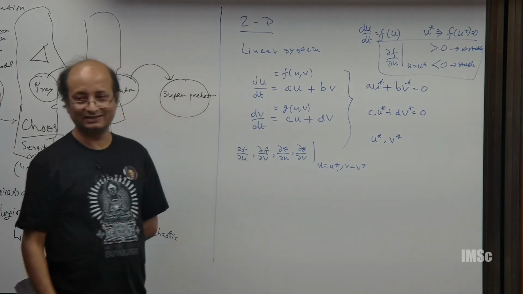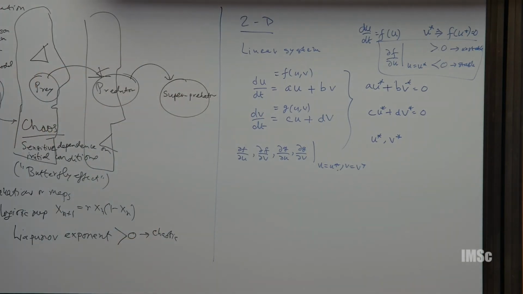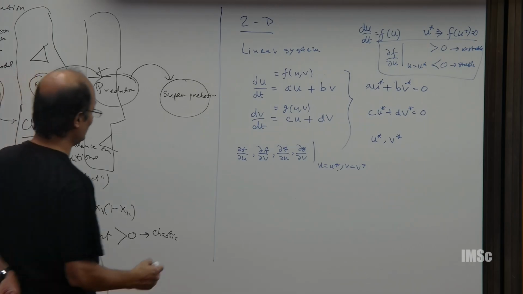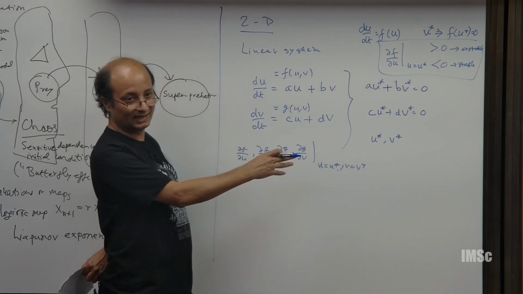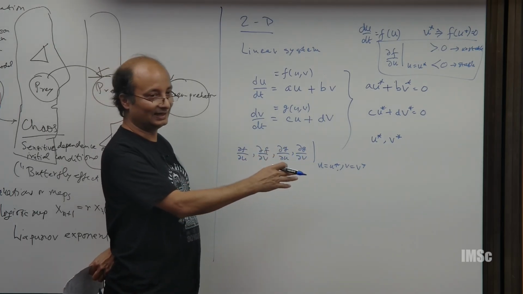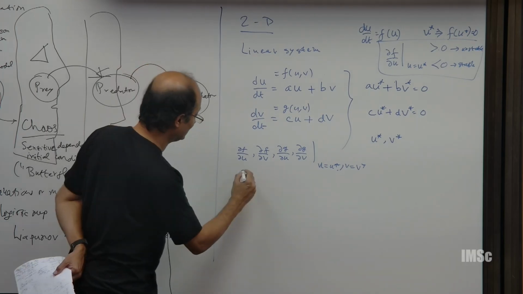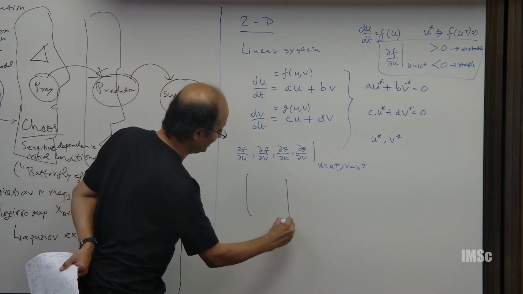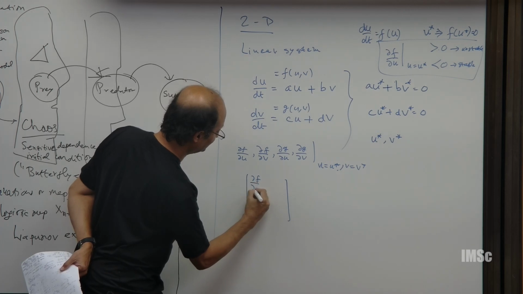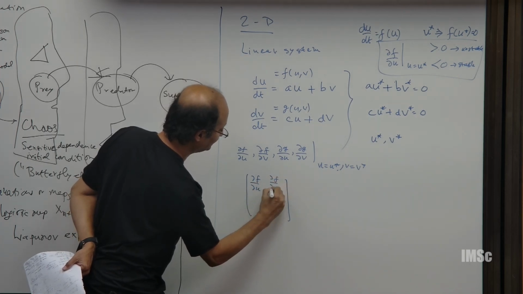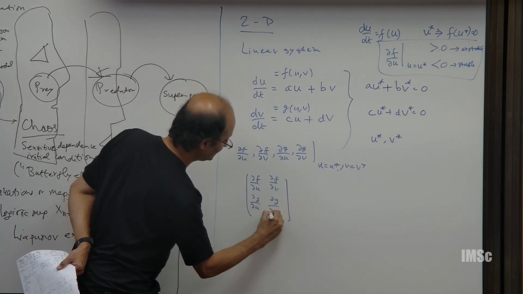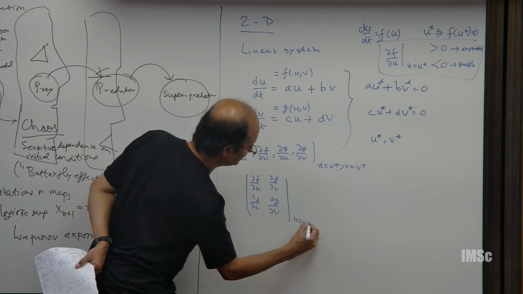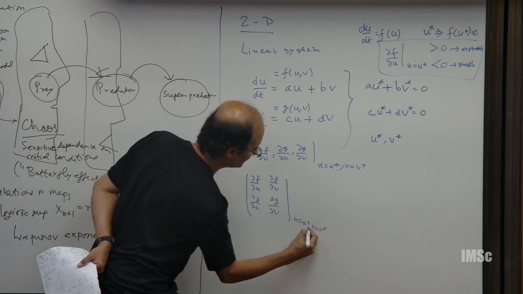But how will that tell me about the stability? Wonderful. Yeah. So, I can't just individually look at them and say anything that's true. I have to ask, okay, suppose I look at the matrix with rows del f del u, del f del v, and del g del u, del g del v, evaluated at u equal to u star, v equal to v star.